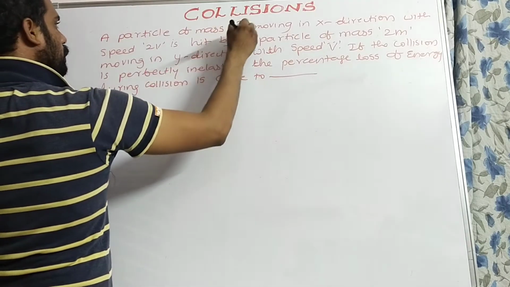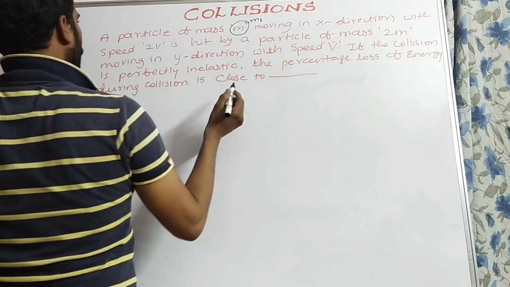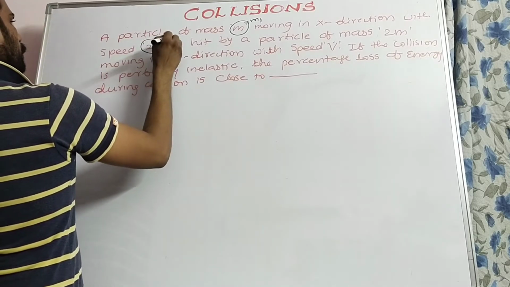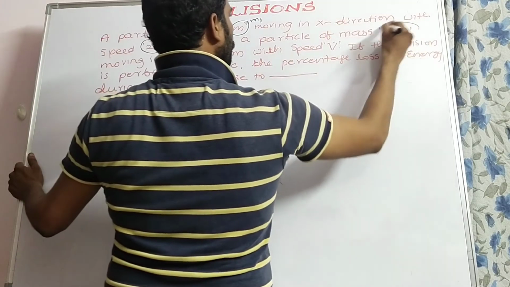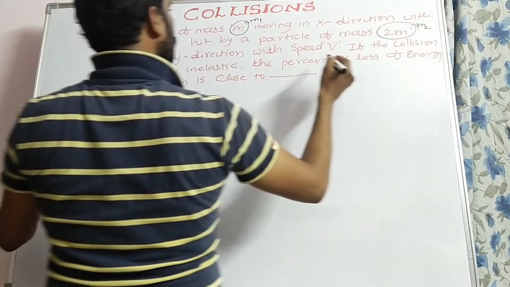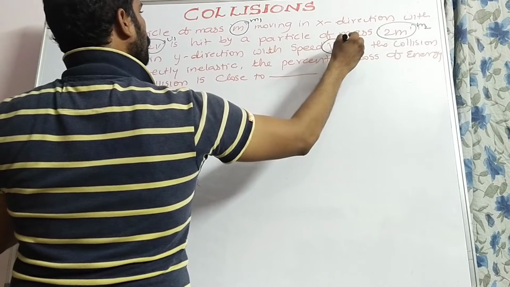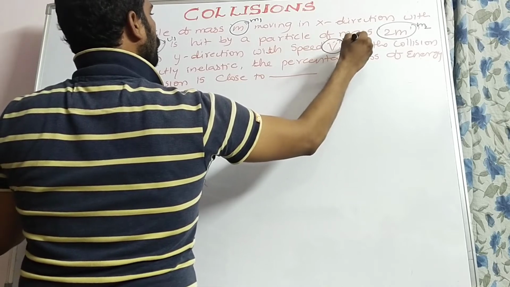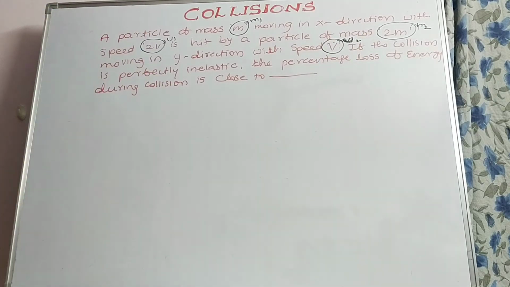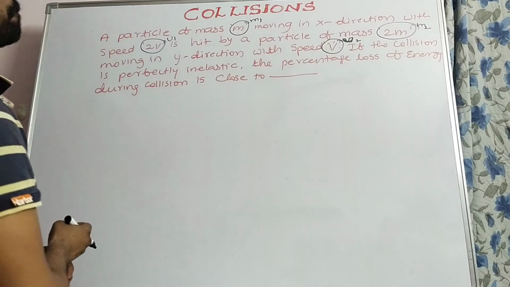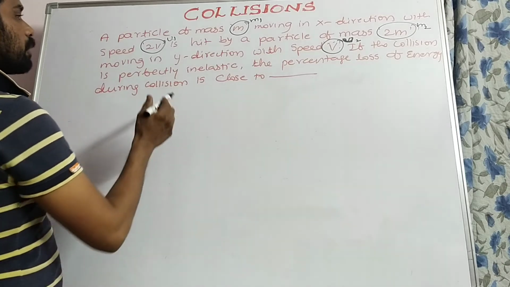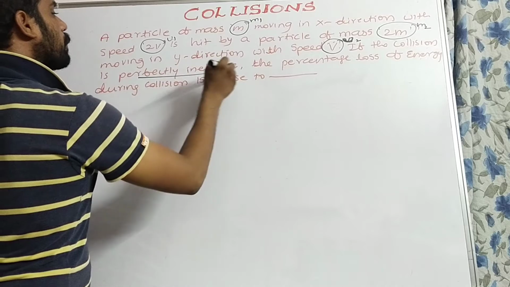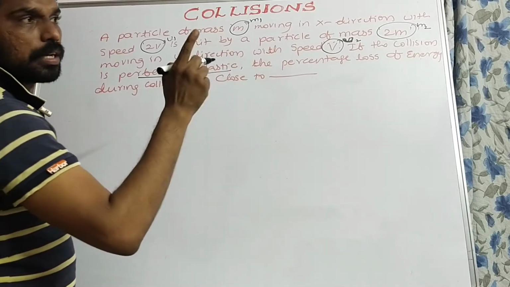So here this is m1 with speed u1, and next this is 2m, m2, with speed v, u2. After collision, both are moving with a common velocity, because it is perfectly inelastic. Perfectly inelastic means the two bodies move with a common velocity.